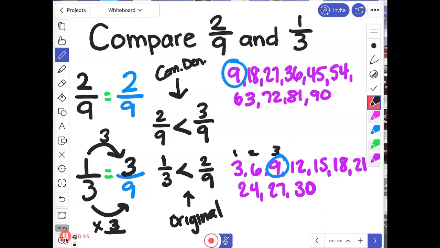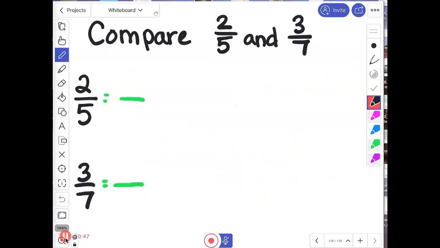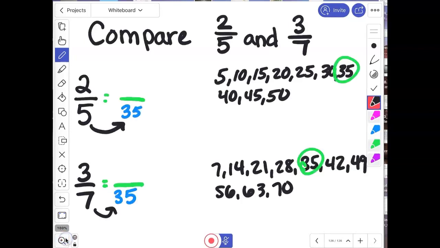I think we're going to do one more. Okay. Same thing. Pause and find the LCM. Okay. So I found that it was 35. 5 times what is 35? 5 times 7 is. So do the same thing up here. 2 times 7 is 14.